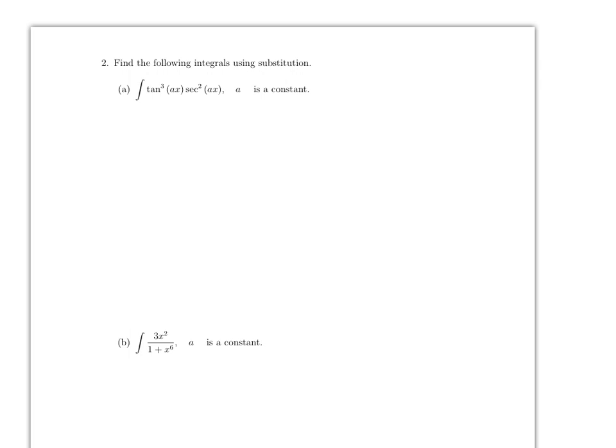Remember the tangent and secant are related in many ways, but one of them is the derivative with respect to x of tangent is equal to secant squared. And the derivative of secant is actually secant tangent, okay?